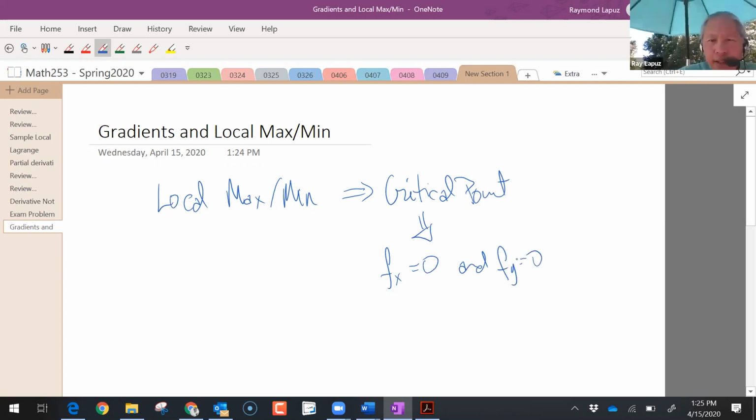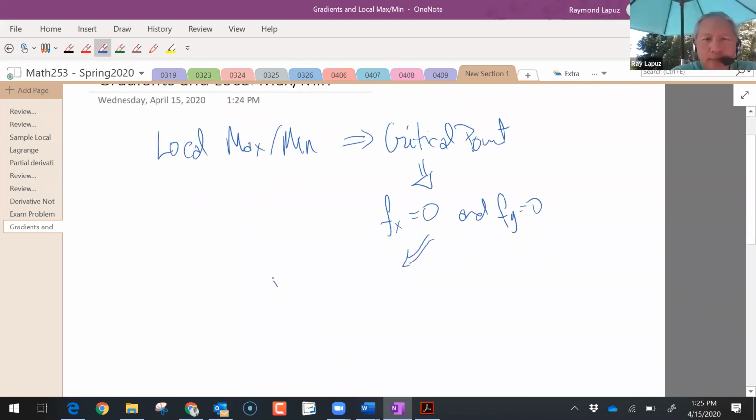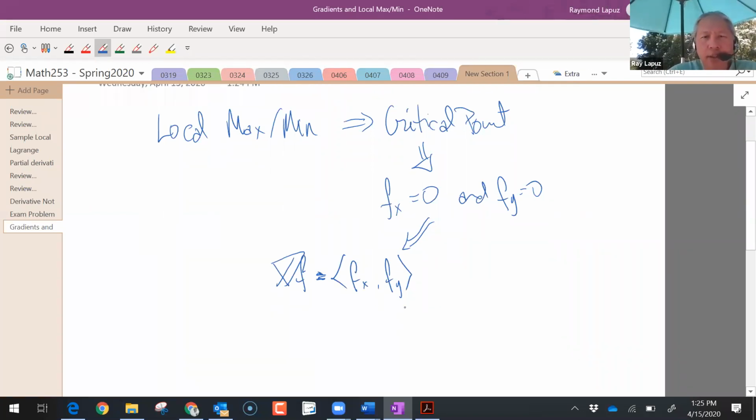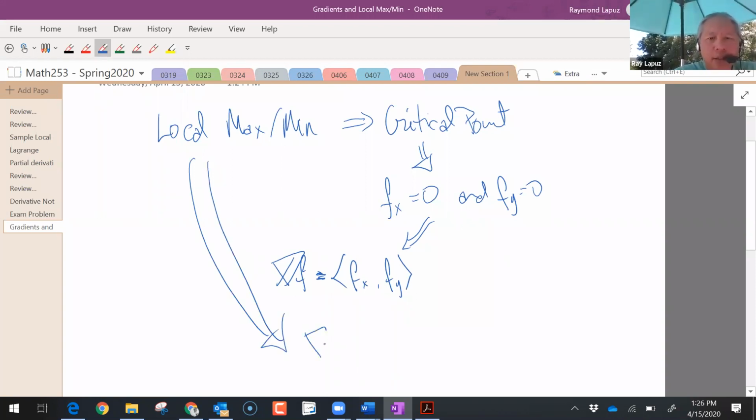The only thing I can think of in terms of relating this to the gradient is that these turn out to be the components of the gradient, which means if they're both equal to 0, then local max and min mean that the gradient has to equal 0. And it's a 0 vector, so you would need to make sure that vector had an arrow on top or is boldface or whatever.